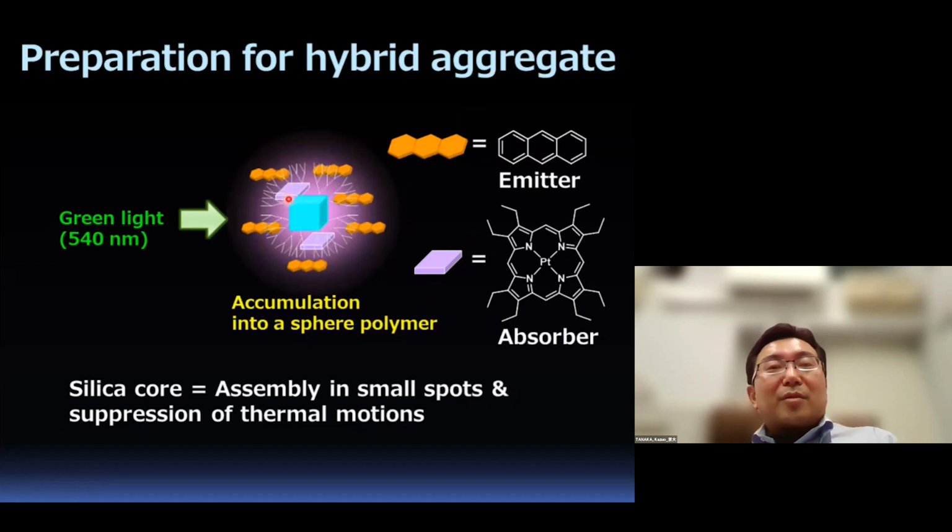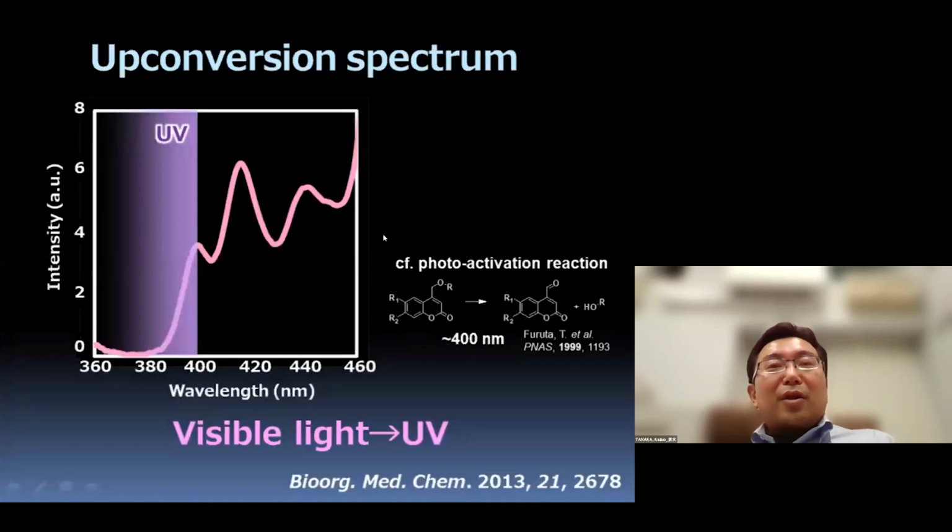And by suppressing the molecular motion, energy transfer should proceed smoothly. As a result, we thought a TTA process should be induced. We monitored the luminescence property, and by irradiating green light, partially UV light can be obtained. From this data, visible light can be converted to UV light.